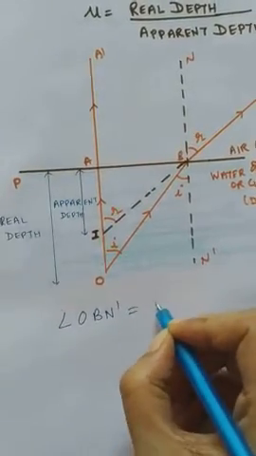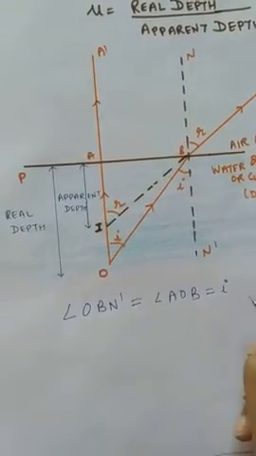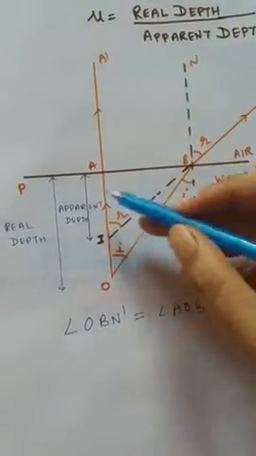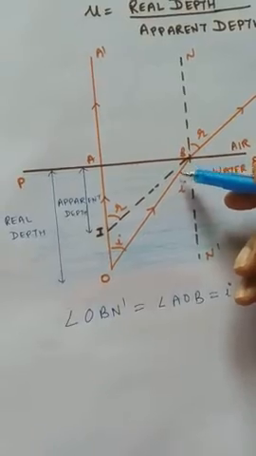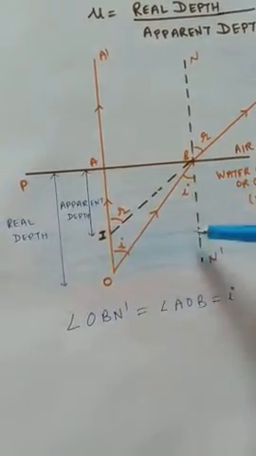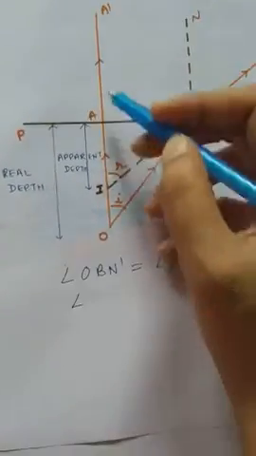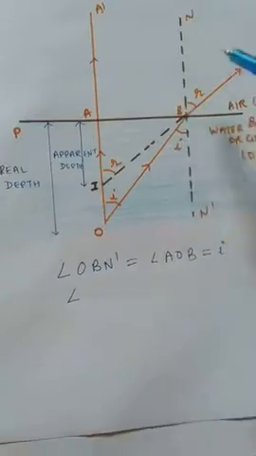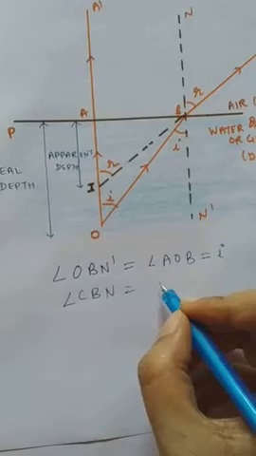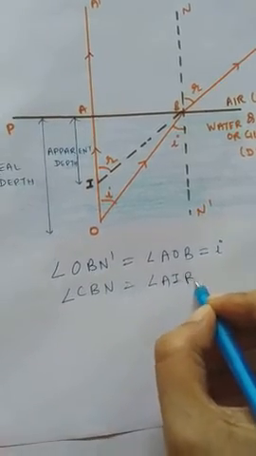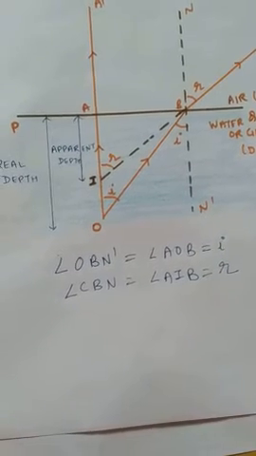Angle OBN dash will be equal to angle AOB, and that will be equal to I. Why? Because AO and BN dash are parallel lines, so OB is a transversal line, so AOB and OBN dash will be equal to I. Similarly, angle AIB and CBN are also equal, so we can write CBN equal to angle AIB, and this is equal to R. I is the angle of incidence, R is the angle of refraction.